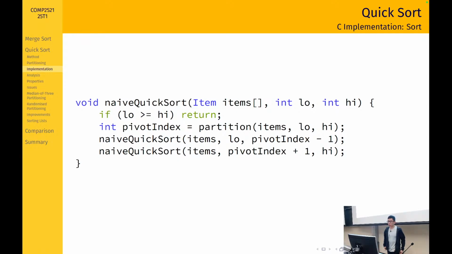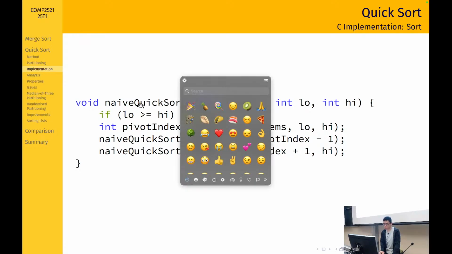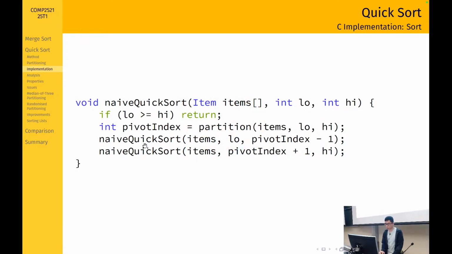Okay, so here is the implementation of quicksort. I've called this naive quicksort because we're always selecting the leftmost element as the pivot. Right, and we'll look at some variations of this later. But notice that it's recursive, right? And we have a base case, right, where we're checking if the array is either empty or has size 1.